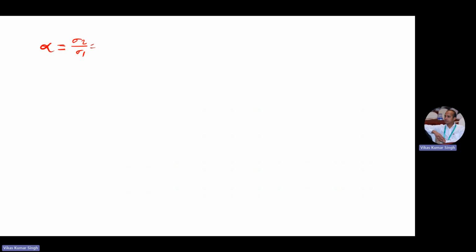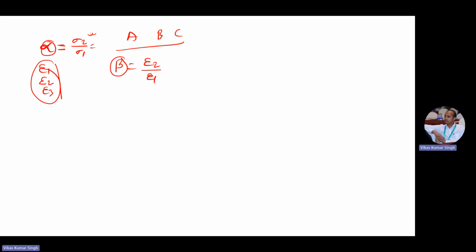Okay. So now we have to find out the alpha, and alpha is this. We know epsilon 1, epsilon 2, and epsilon 3. All three values are known at all three locations A, B and C. So we can find out beta, and beta is nothing but epsilon 2 by epsilon 1 at every location.